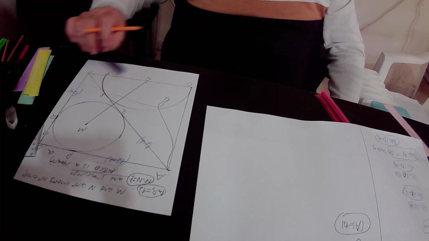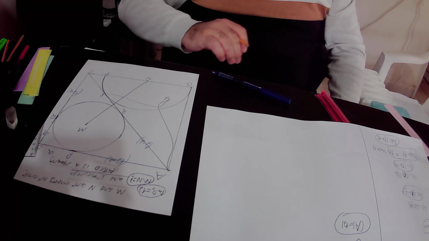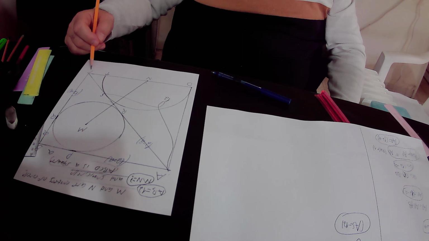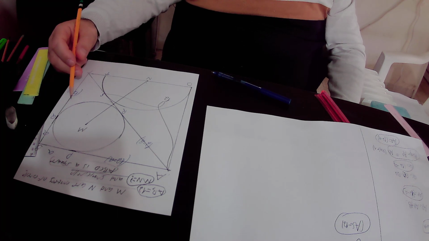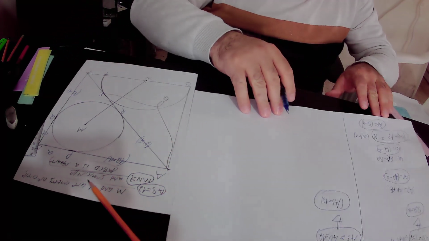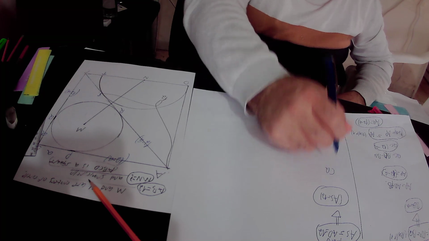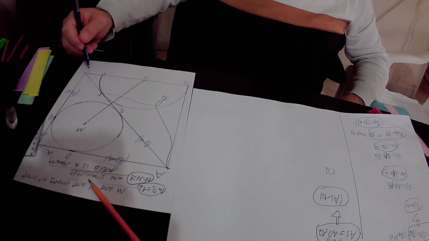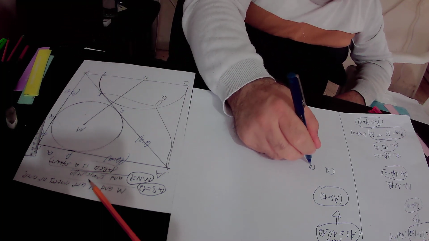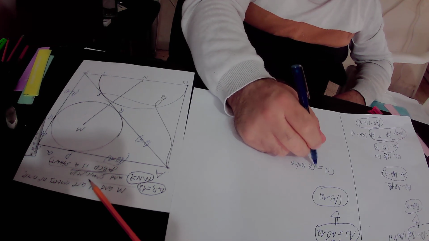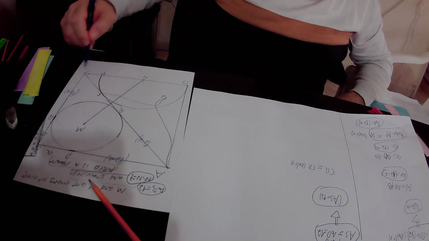And from point C we have two tangents to this circle. The first tangent is tangent CQ, and the second tangent from point C to this circle is tangent CR. According to rule number 1, the lengths of those two tangents are equal to each other. That is to say, CQ equals CR.